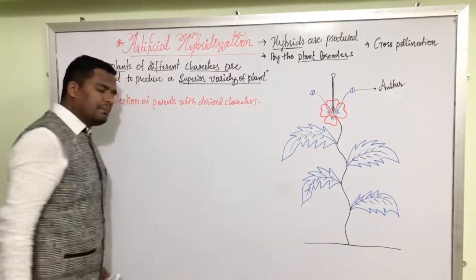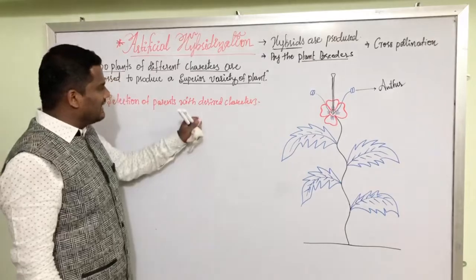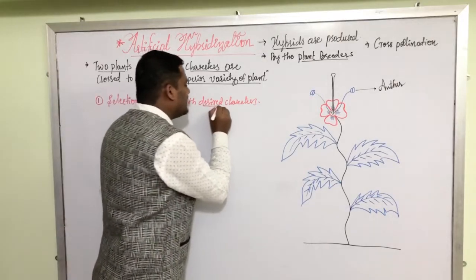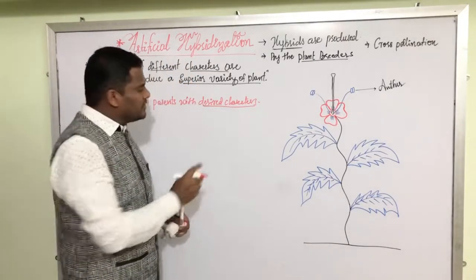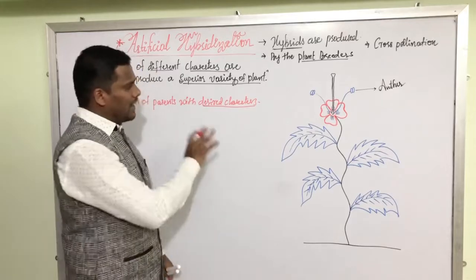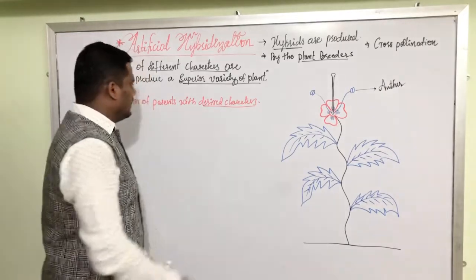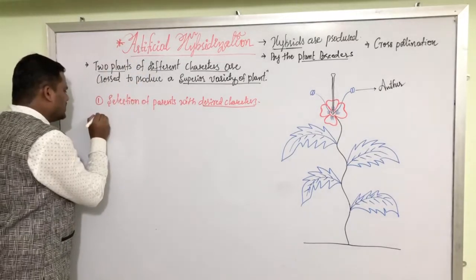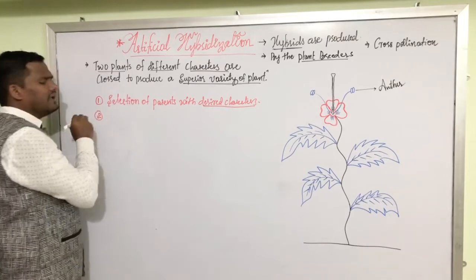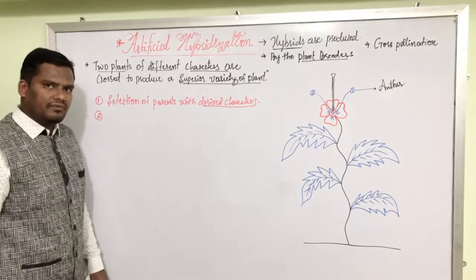That means here the parental plants are selected with some desired features, with some desired characters. Two plants are selected.